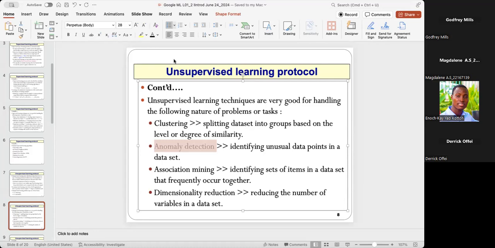So when we have to detect any form of unusual occurrences in any information, then we have what we call anomaly.